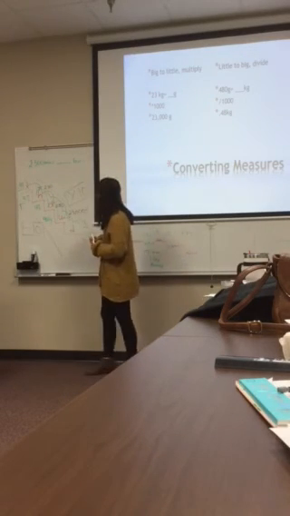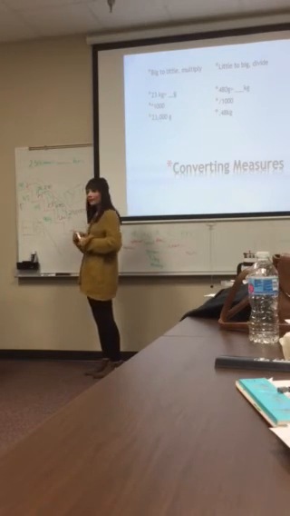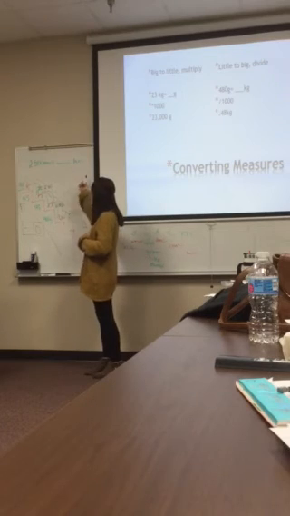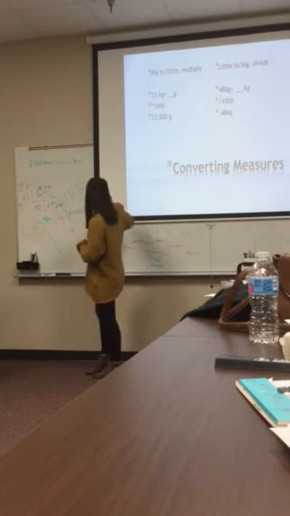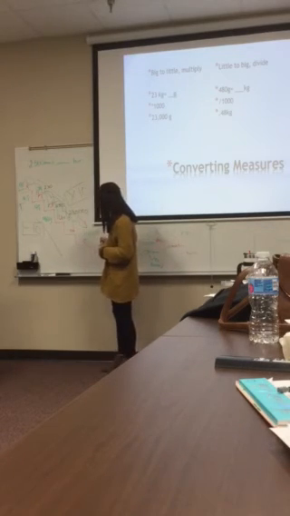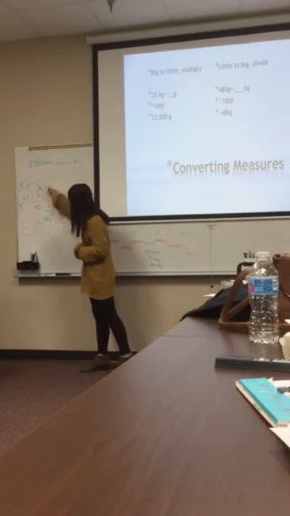So we're going to convert 2,500 millimeters to hectometers. So we're going to be dividing. We're going from little to big. So we're going to start at millimeters, which is all the way down here. So you can go 1, 2, 3, 4, 5.